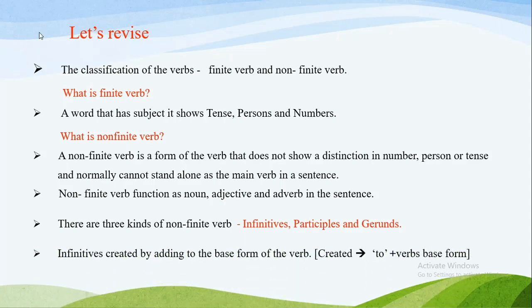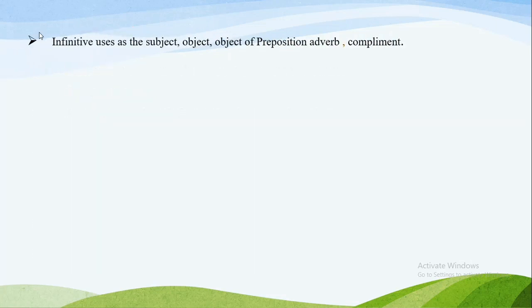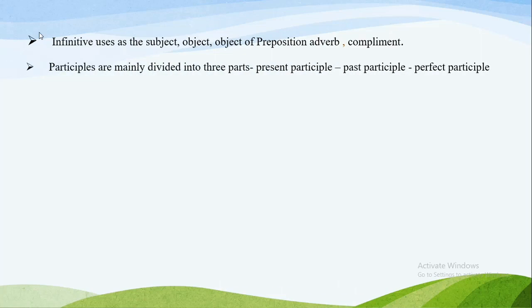Infinitive is created by adding to to the base form of the verb, that is to plus verb's base form. Infinitive is used as the subject, object, object of preposition, adverb and complement.